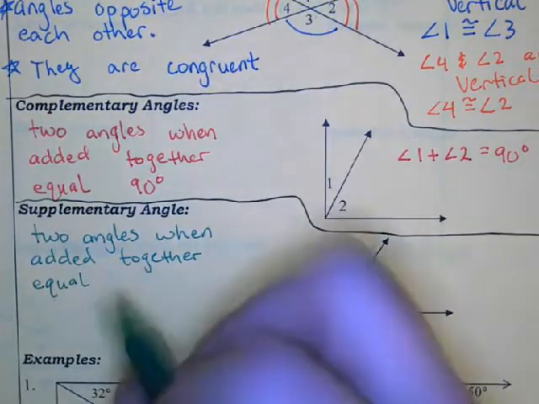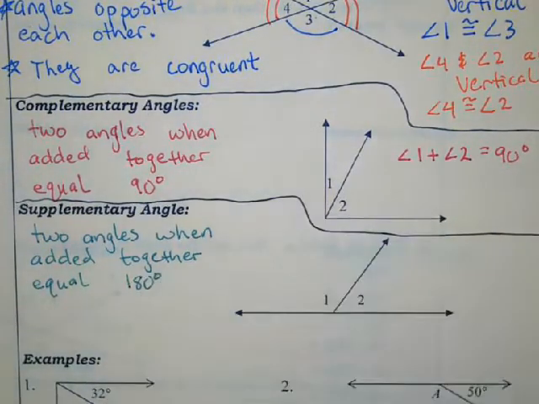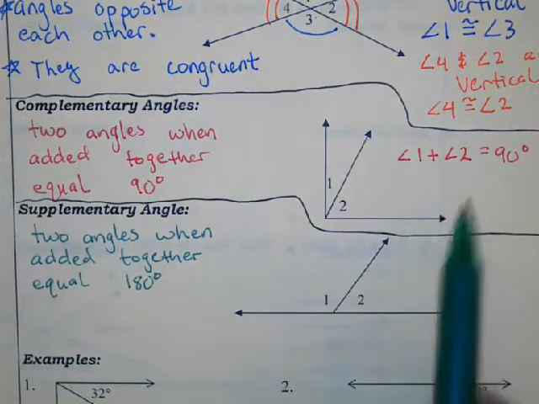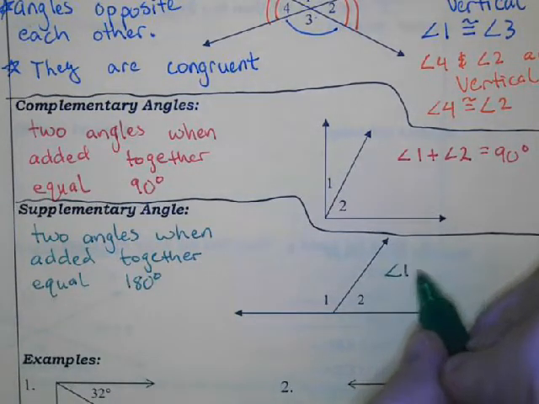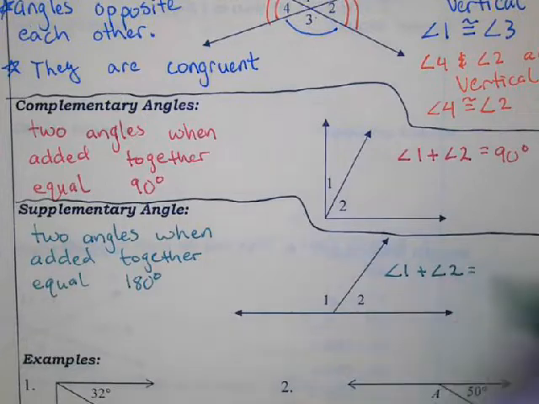They will equal 180 degrees. So we could set up the same kind of equation, but instead of equaling 90, we'll equal 180. So I could say angle 1 plus angle 2 is equal to 180 degrees.